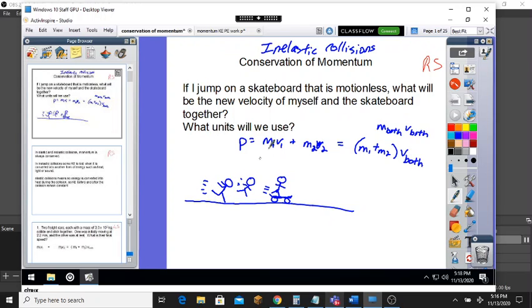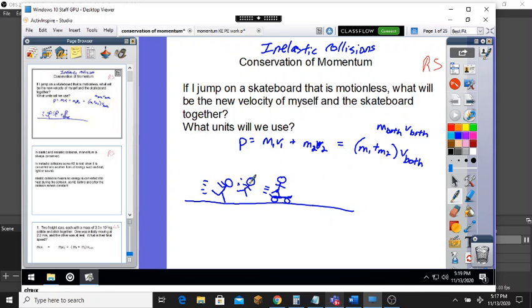You have a mass, you have a velocity, and you jump on a skateboard. The skateboard also has a mass, right? It weighs something. The velocity is 0, it's not moving. But once you start running and you jump on the skateboard, you're both going to be moving now, right? Where before the skateboard wasn't moving, now you're going to start moving because you ran and you jumped on it, and now you're both moving, right? So that's what this formula kind of explains.